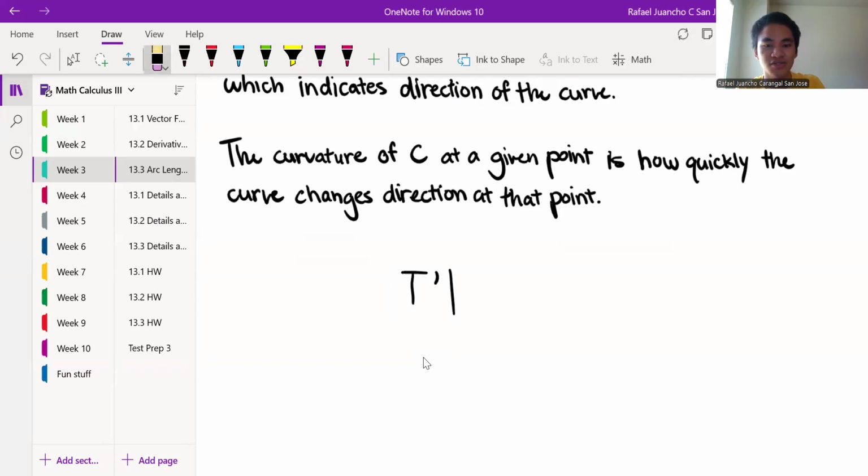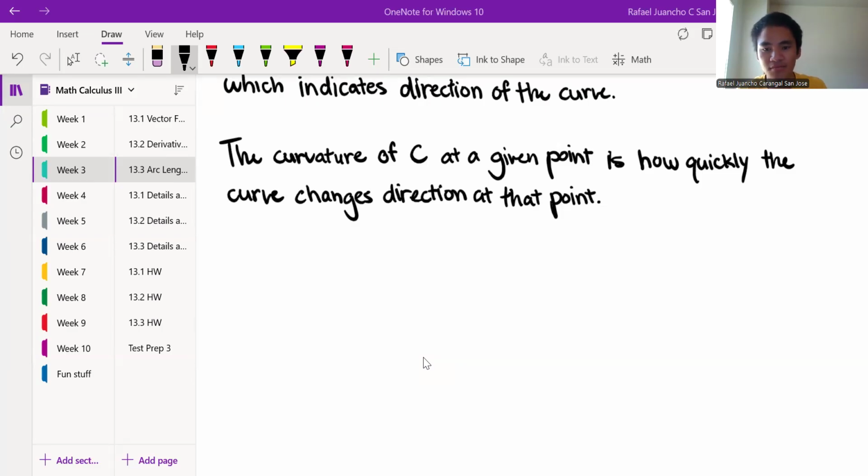So here's the tricky part. If it's with respect to arc length, we're taking its derivative, but it has to be in terms of arc length. We use arc length so that the definition of curvature will be independent of the parameterization.